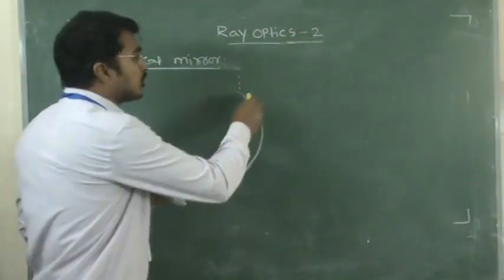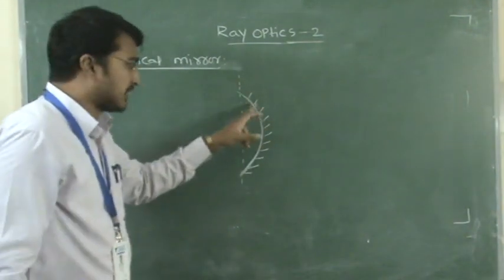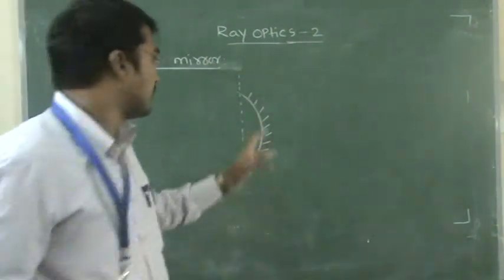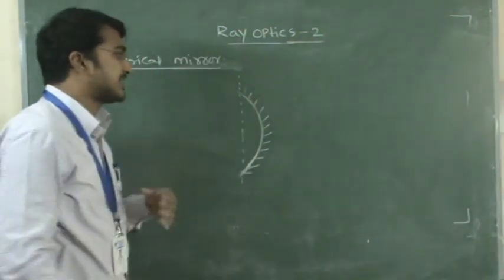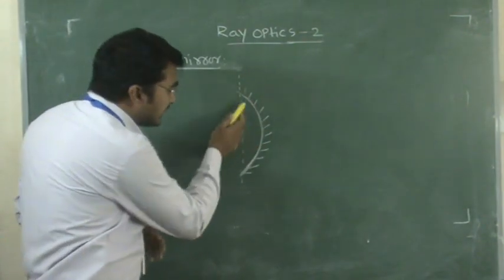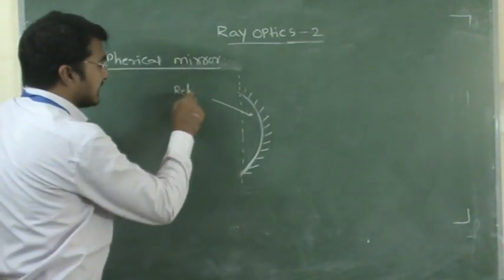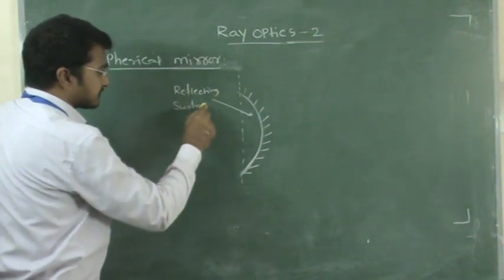Okay. If it is coated on one side, it represents that I am giving a coating which does not allow the light through it. So that we call opaque. Now the other side acts as a reflecting surface.